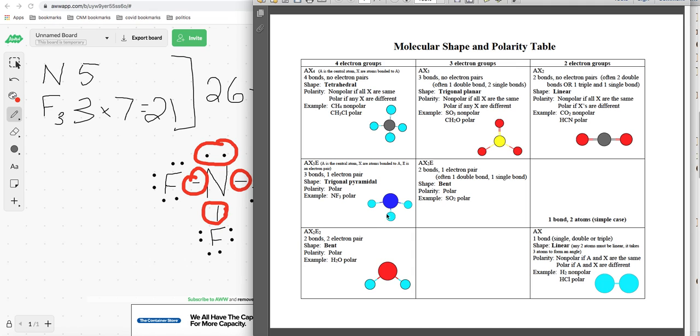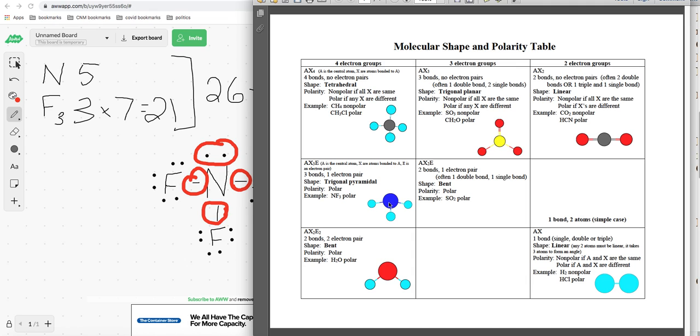And so the interesting thing here is that this shape is a little bit different than this one here. This is what you would get if there were no electron pairs and you had 3 evenly spaced things attached to it. This is the one I call a fidget spinner, where if you set it down, it would spin on this central atom.